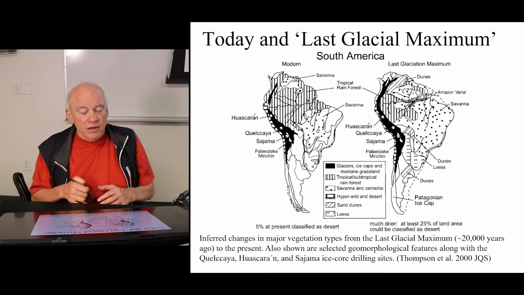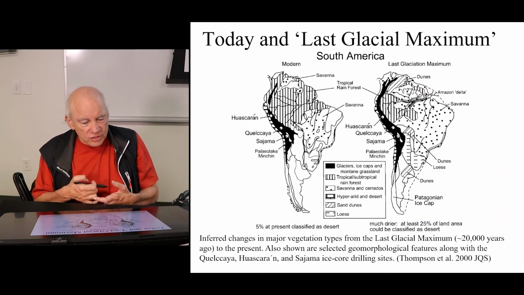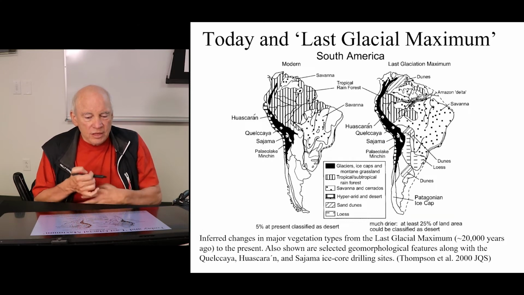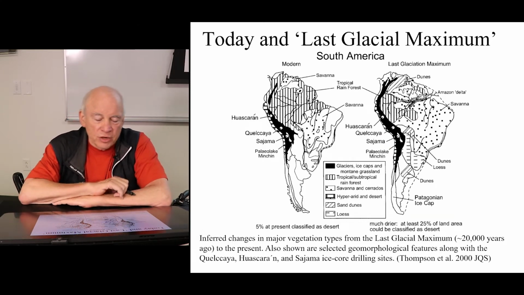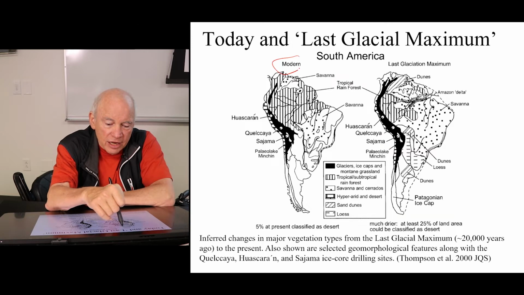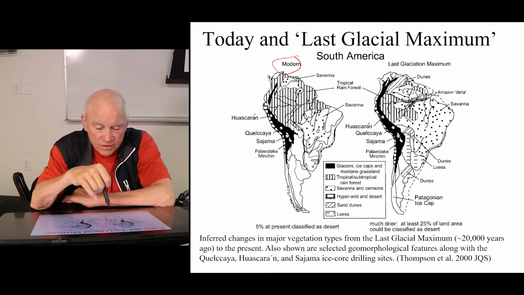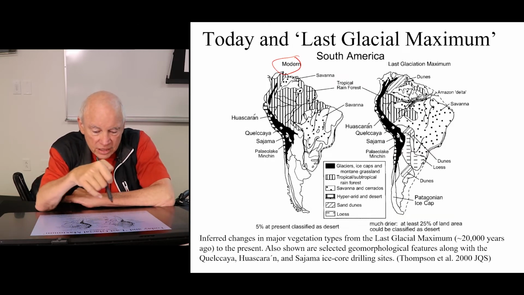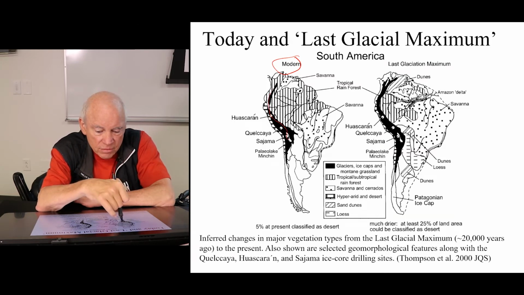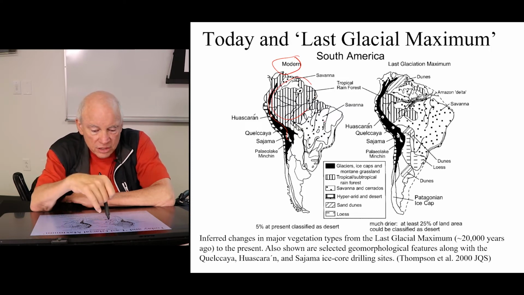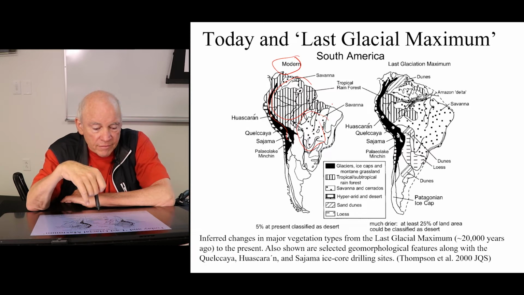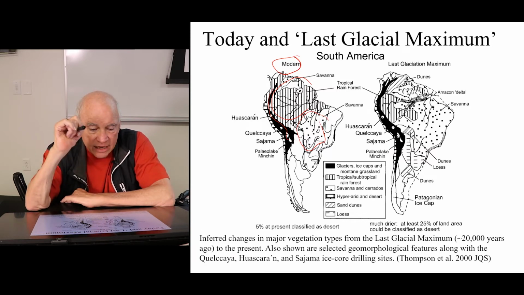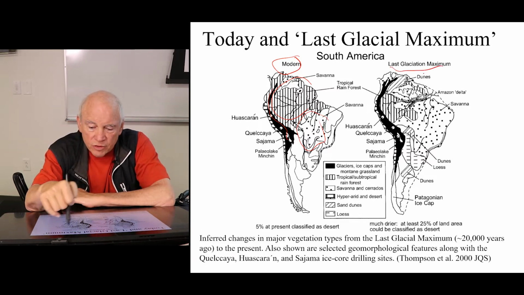All right, so from this and other studies, we have a sense of how South America changed between modern times, when we have these kinds of zones. We can see the glacial regions, and then the tropical and subtropical rainforests, the savannas and cerrados, and things like that, to the last glacial maximum, when there was much more glaciation in the high mountains.